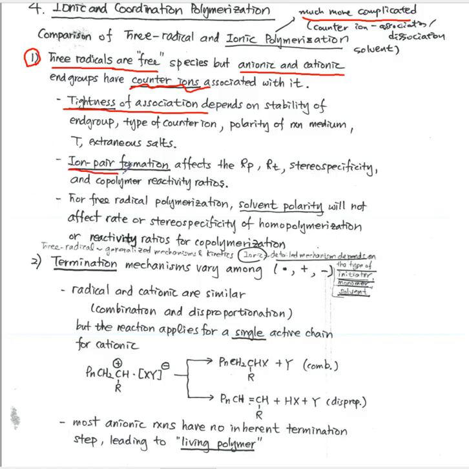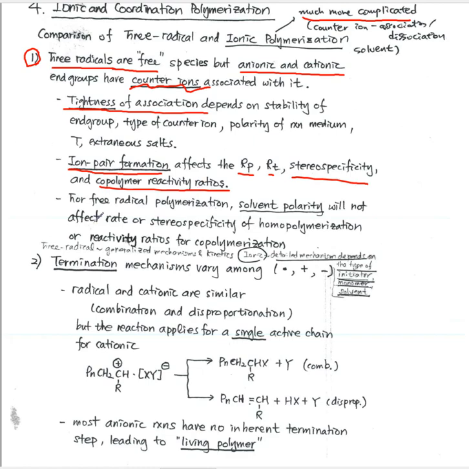Furthermore, these counter ion pairs affect many things: reaction rate, termination rate, stereospecificity, and copolymer reactivity ratio, which will be covered when you learn about copolymerization.